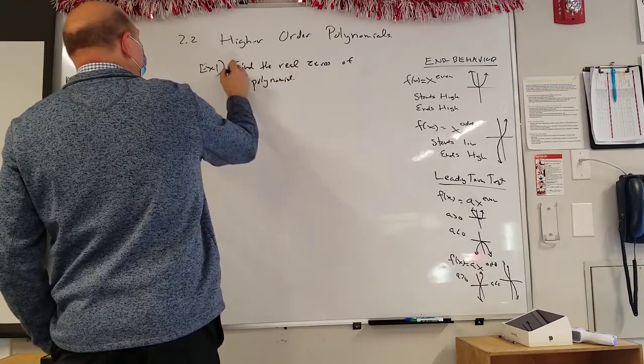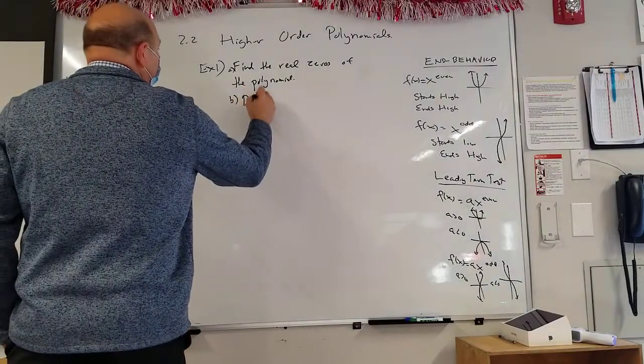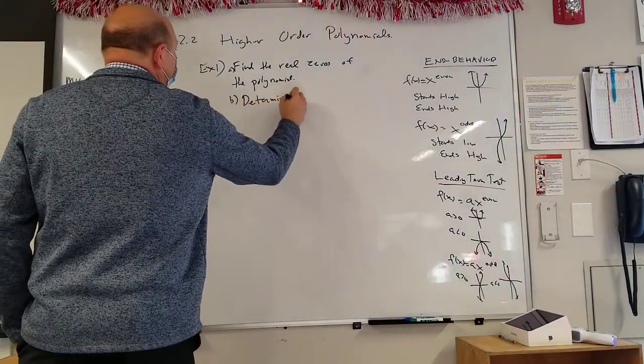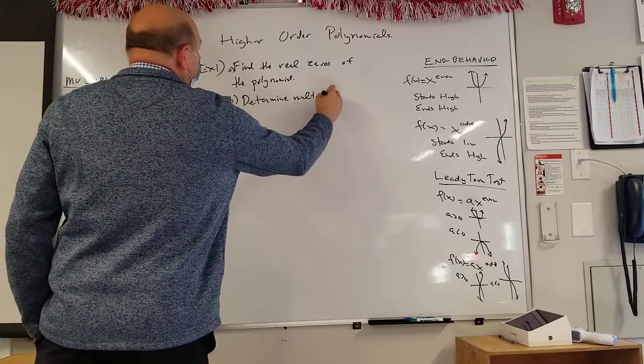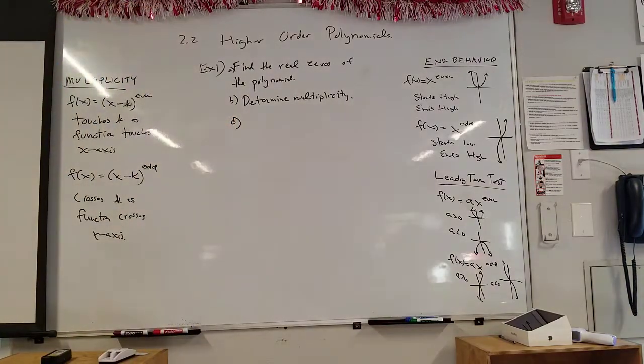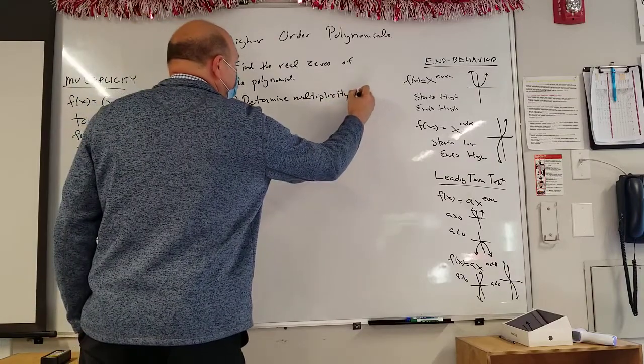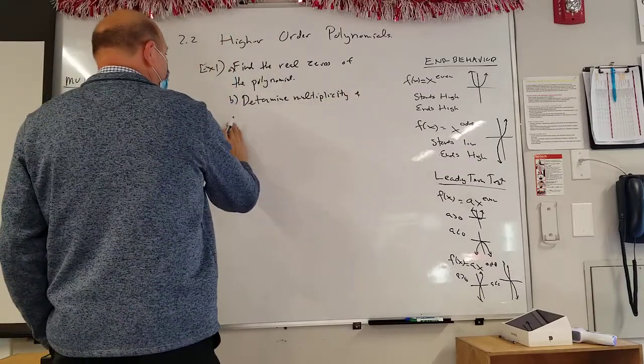That's step 1. I guess we can call it A and B, so we know where we're at. Step 2: determine multiplicity. Step 3: I guess I'm going to do this here, and we'll tack on turning points right here.